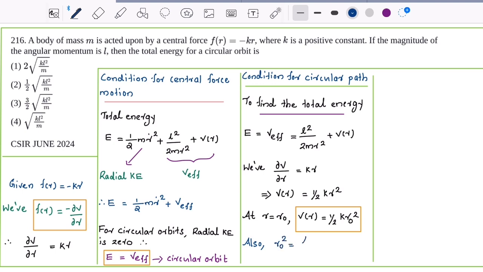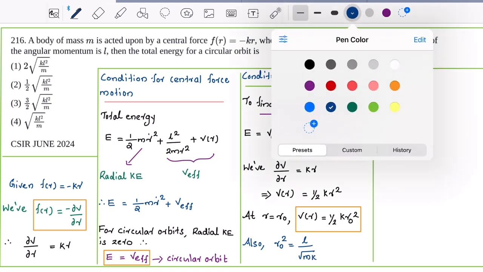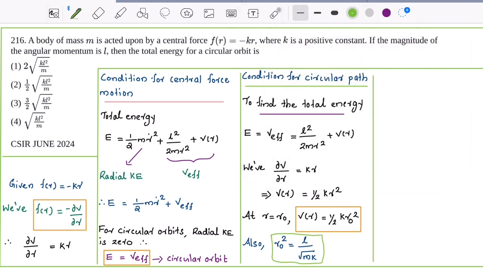We have already seen that r0 square is equal to L by root mk. Now substitute everything in the equation for the total energy. We will get E is equal to L square by 2m r0 square plus half k r0 square.